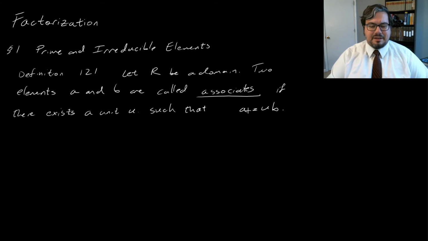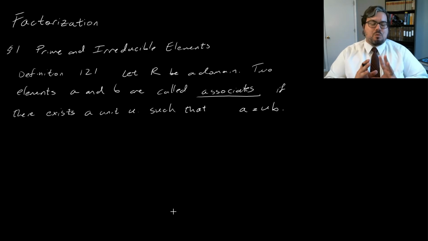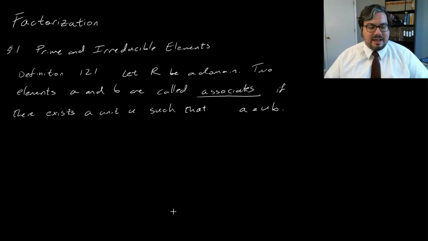And so there is some element U inverse that we could write down. And so to say that A is equal to U times B is the same as saying that B is equal to U inverse times A. And what we're going to see is that associates are essentially considered the same when factoring elements, when looking at factorizations.